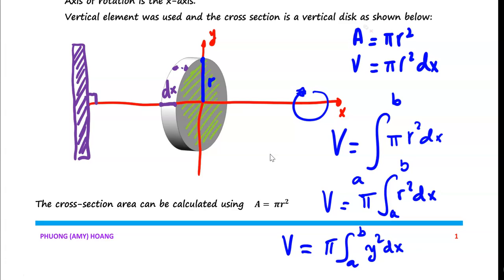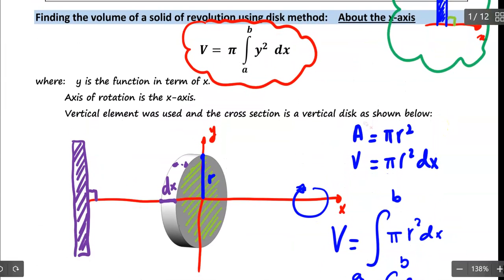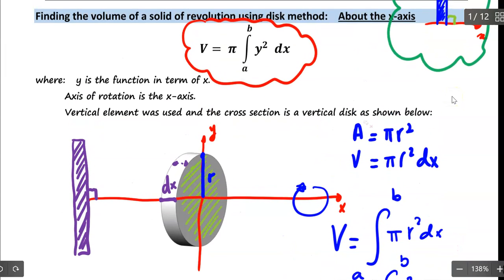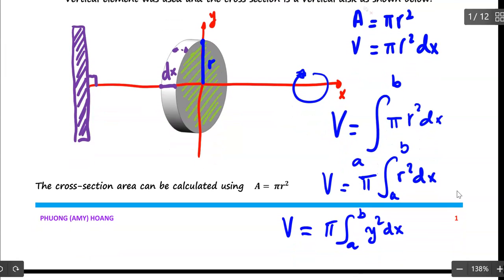It's easy to just tell everyone that if you use this method, you can just apply these formulas if the axis of rotation is the x-axis. But in this case, I want to derive these formulas and introduce them for everyone, so you can see where the formula is coming from.